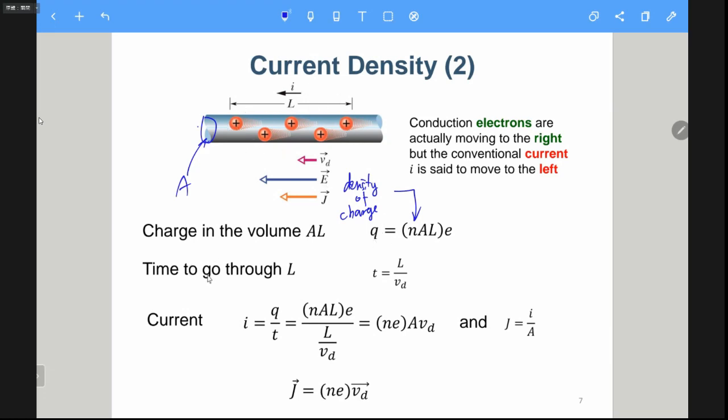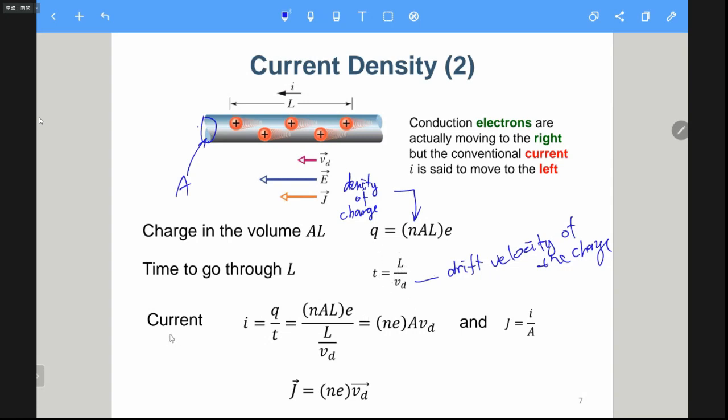So the time to go through L is t equals L over Vd, where Vd is the drift velocity of the charge. L over V is the time. Very, very simple, primary students should know this.